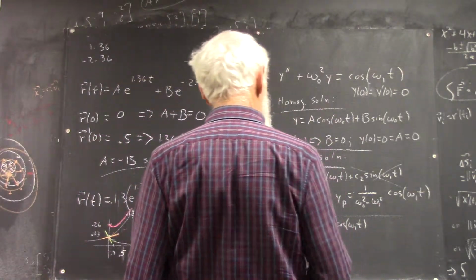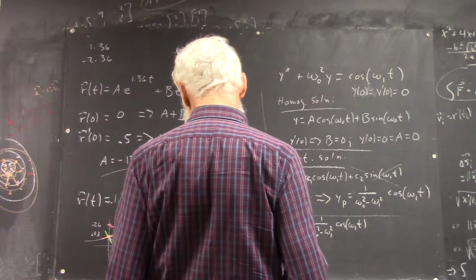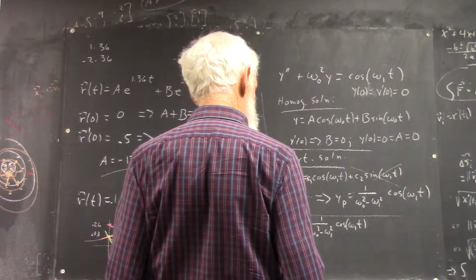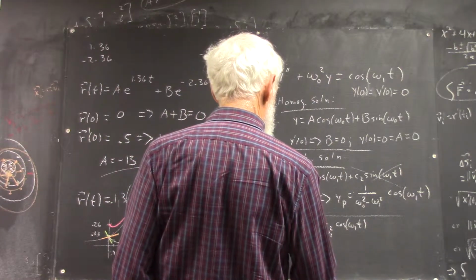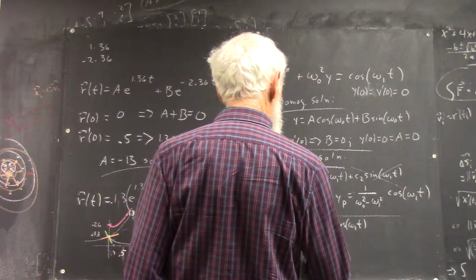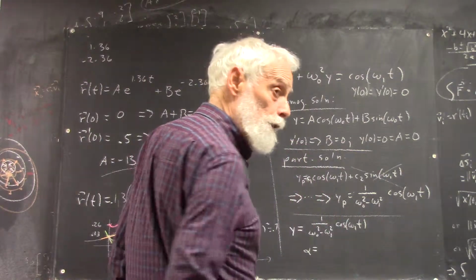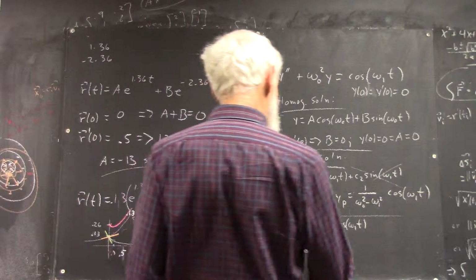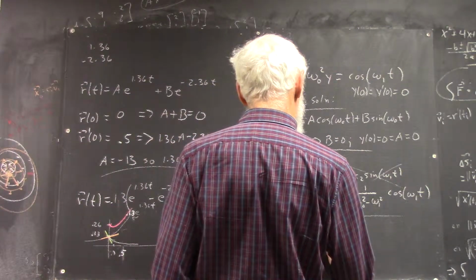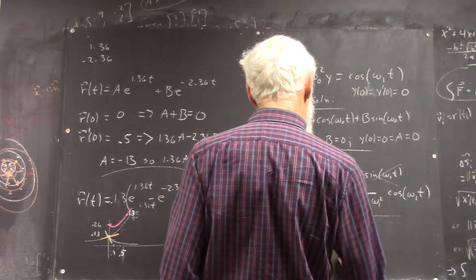Well, first of all, we're going to let alpha equal the average of omega naught and omega 1. Okay? So it's omega naught plus omega 1 over 2.